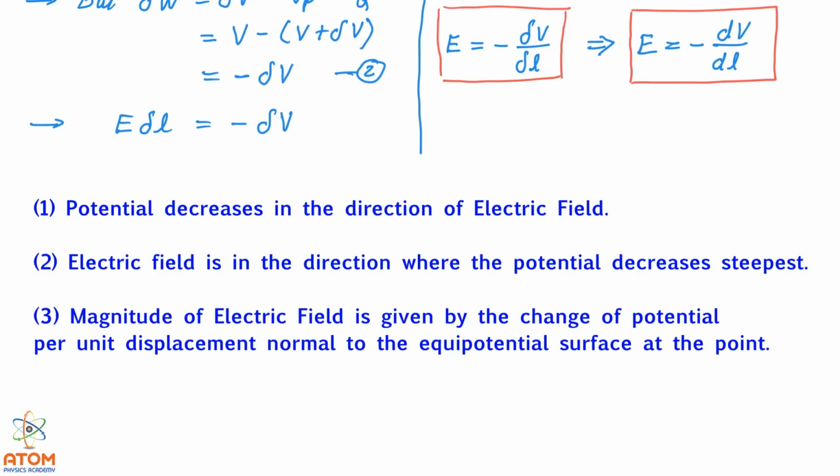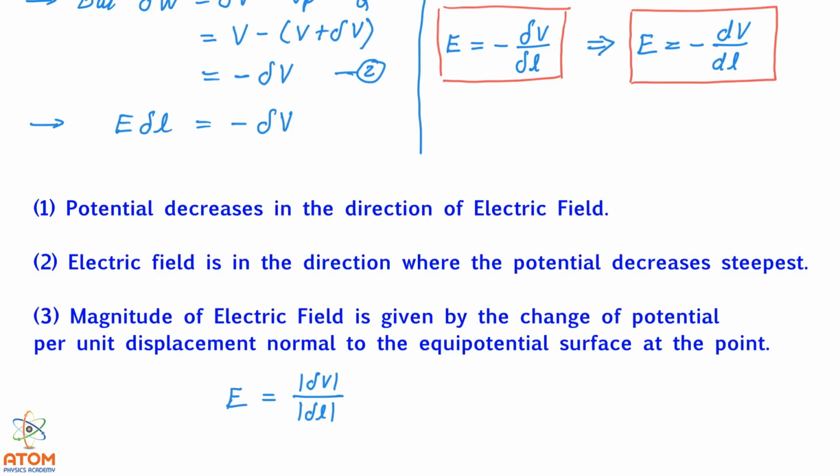And the third point is the magnitude of the electric field is given by the change of potential per unit displacement normal to the equipotential surface at that point. See, it's about this equation only. I can write this equation in the form of magnitude, and so I can write it like E is equal to plus del V by del L. Here, this del V by del L is the change of potential per unit displacement, and this is the electric field.